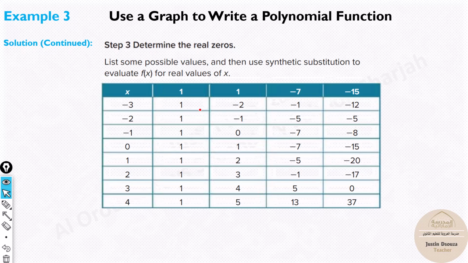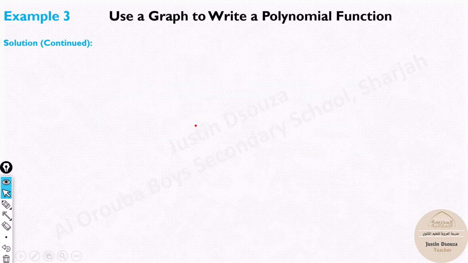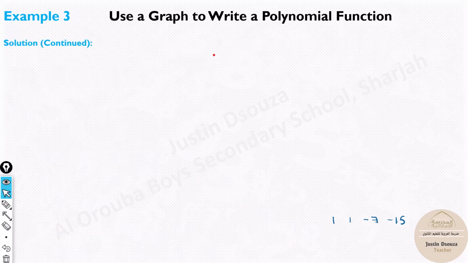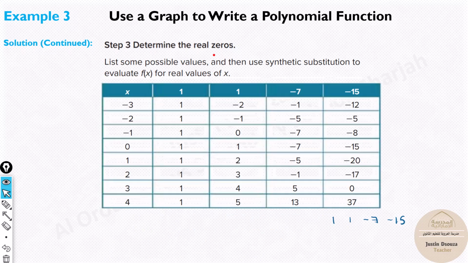They have done synthetic division. So you can see always the first number will be as it is. That means the coefficient is 1, right? Let's write these coefficients down over here. So it's 1, 1, minus 7, minus 15. These are the coefficients, isn't it? And now here you can see these x values.